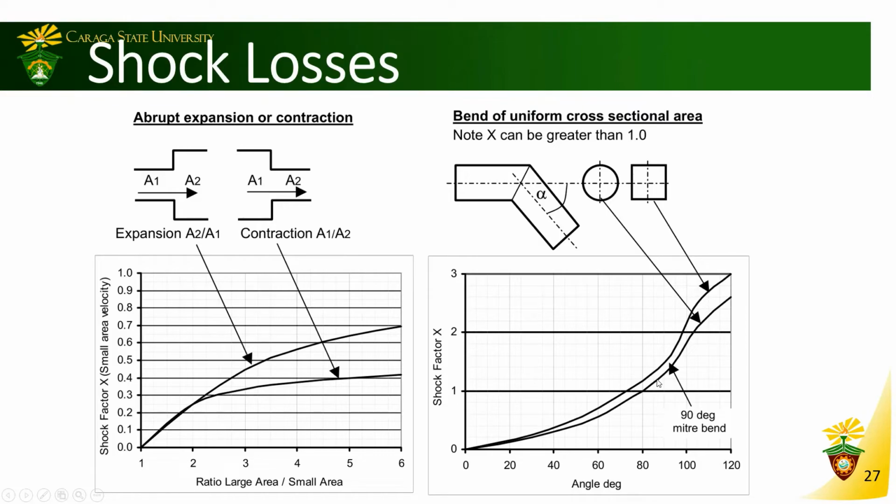For an abrupt expansion or contraction, we look at the area of the cross sections. A1 refers to the cross section for the left part, while A2 refers to the cross section of the right part. For an expansion wherein there is an increase in cross-sectional area from A1 to A2, we use the ratio A2 over A1 and use this graph to determine the shock loss.